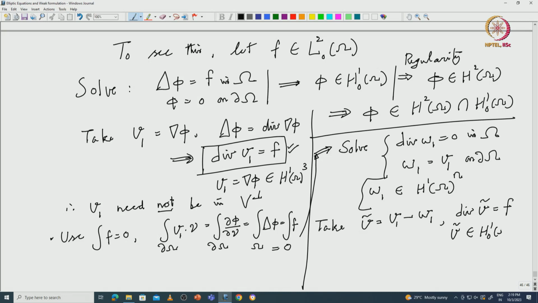So you can make the boundary condition 0 by subtracting, because to V1 you can always add a divergence free vector, so that you get this equation without changing the divergence. That way, the map from divergence free vectors to L2 naught is an onto isomorphism. So it is a brief discussion about it. I will discuss a little more before completing this lecture.